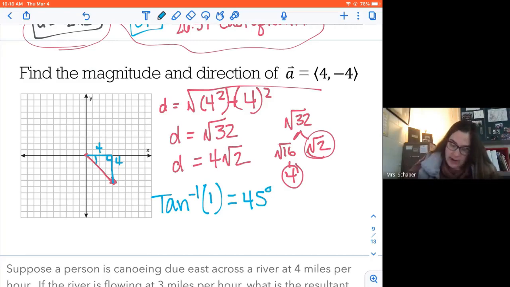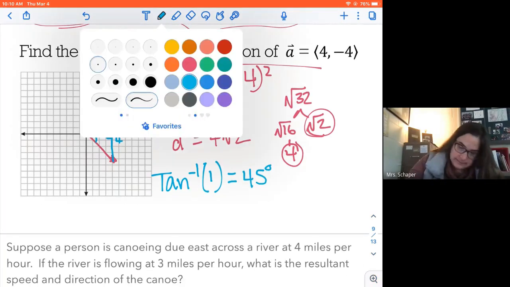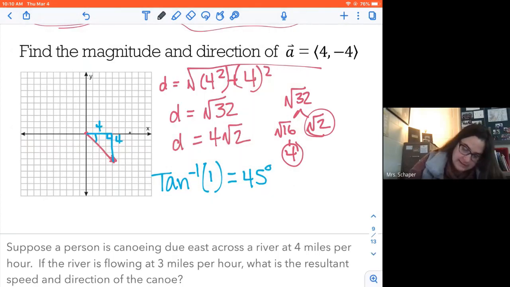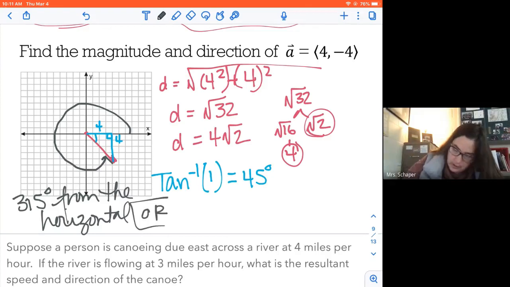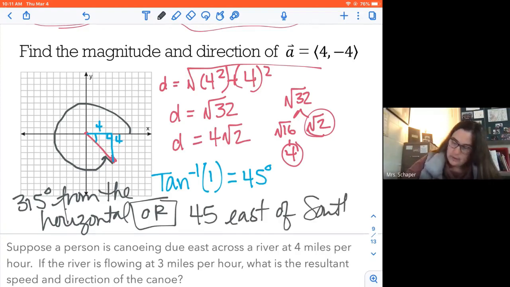So how I can write it is 90, 180, 270, 315 from the horizontal, or 45 east of south. Either way is fine with me.